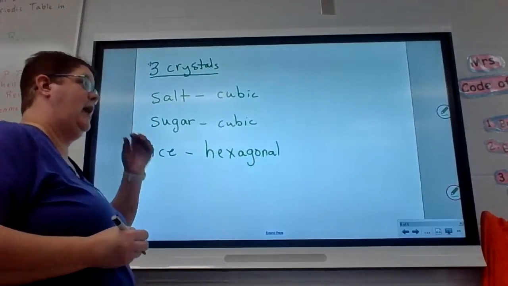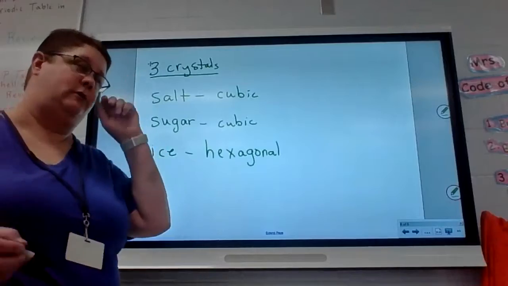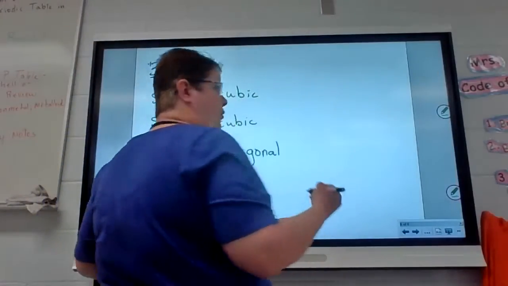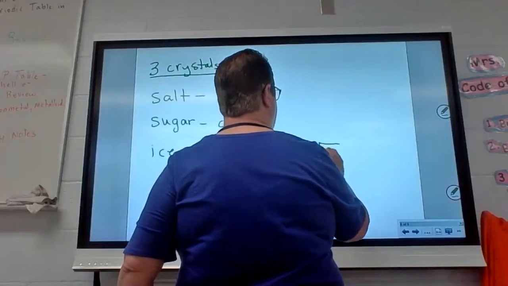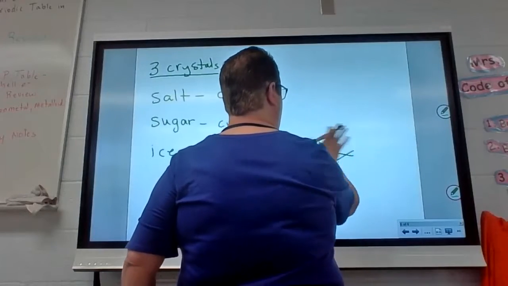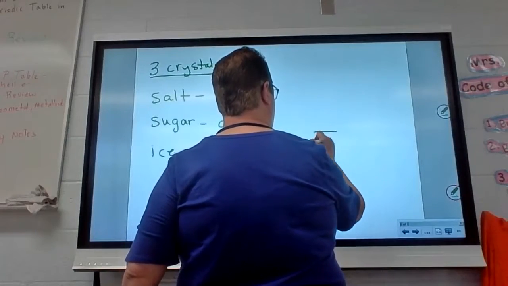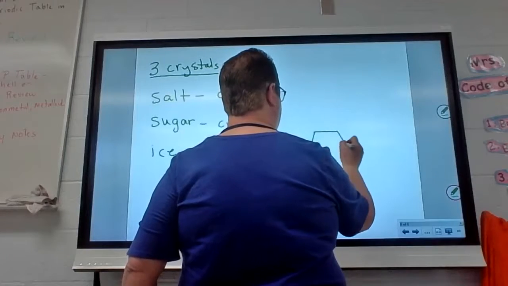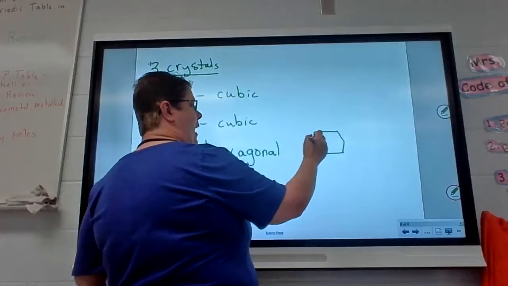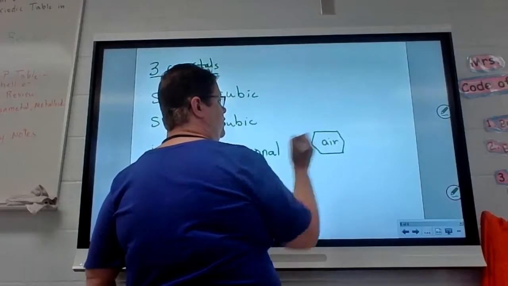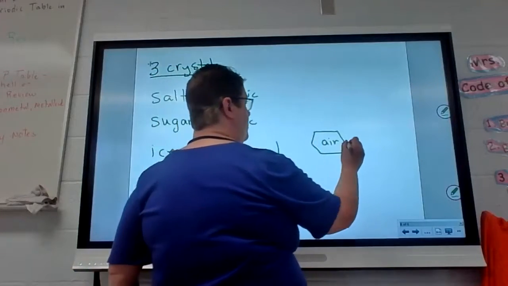All right, now the reason that ice floats, and I cannot draw it 3D, I can only show it from one end. Ice, when it freezes as a solid, right? Well, when it freezes in that hexagonal pattern, air is trapped in the center. Okay?